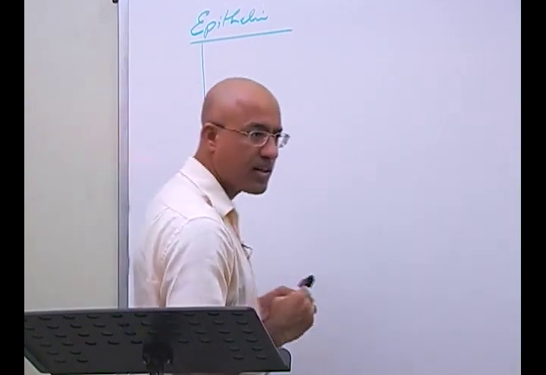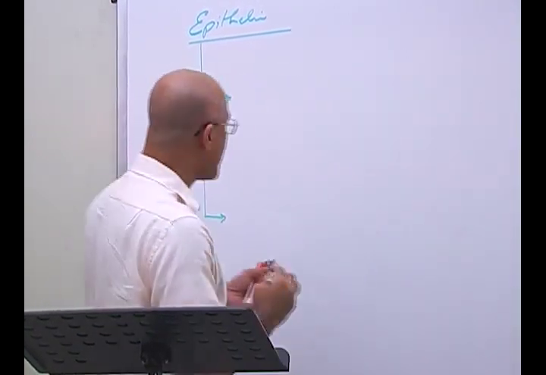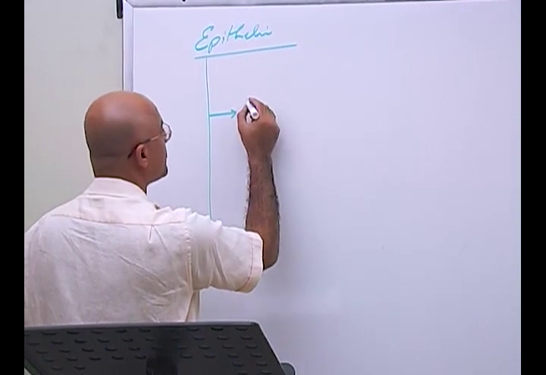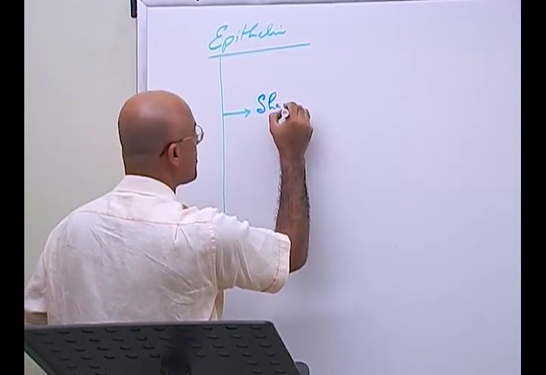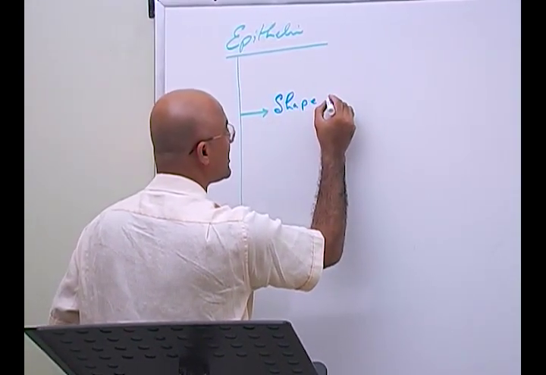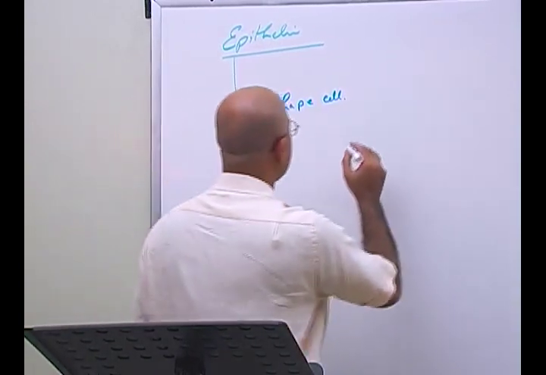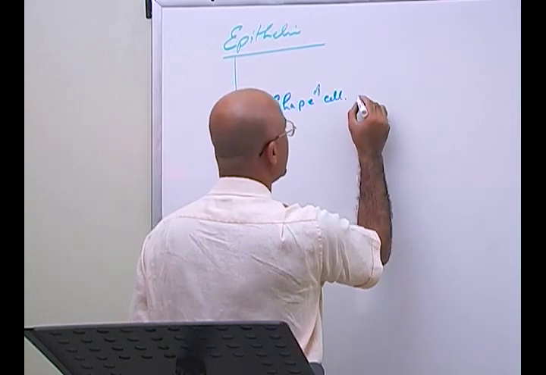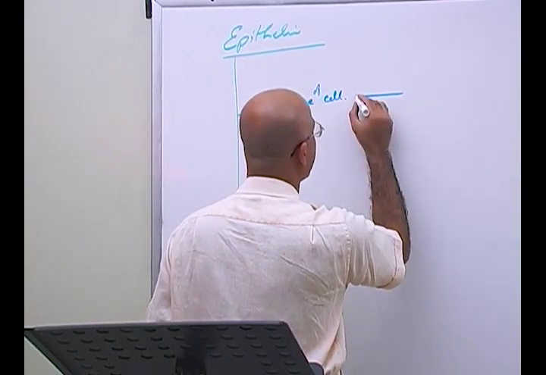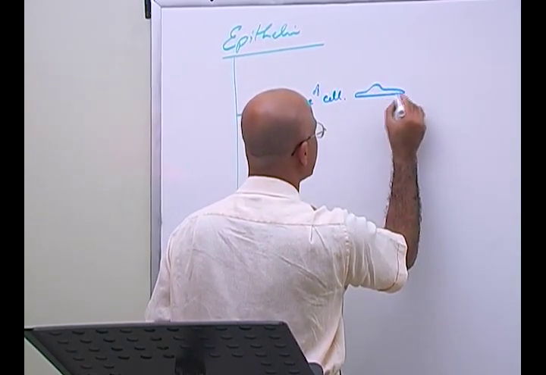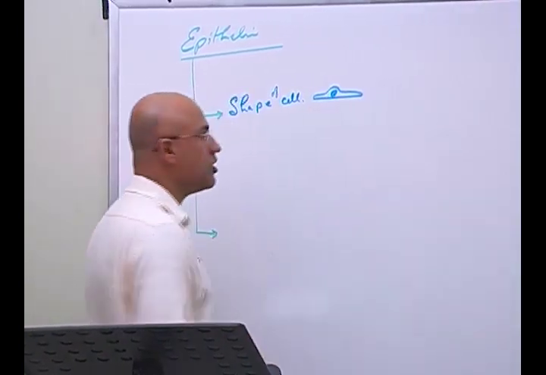Number one, what is the shape of cells? Shape of epithelial cells. For example, some cells in epithelial lining are flat cells with a central nucleus.